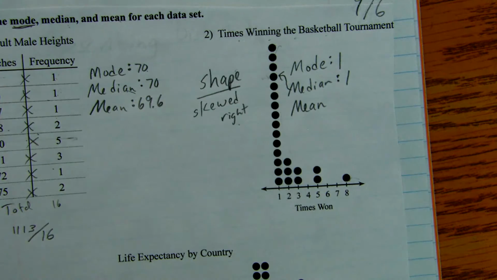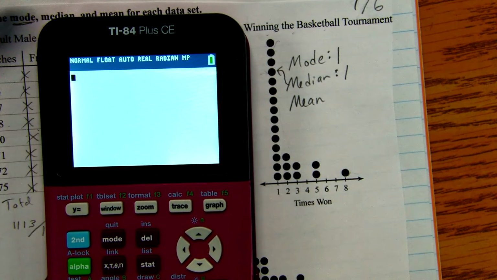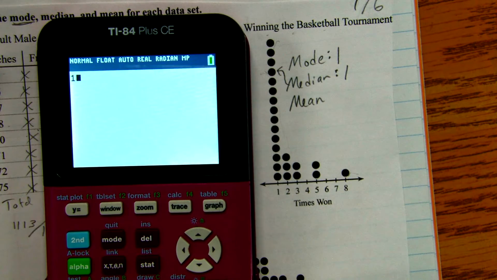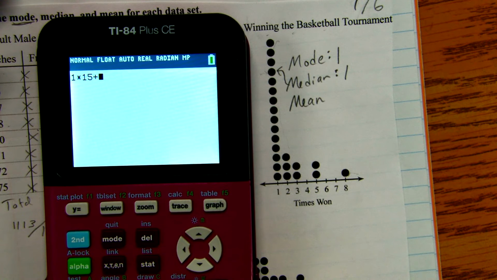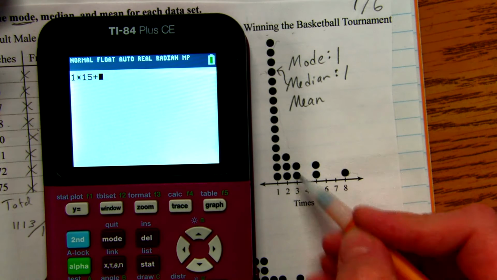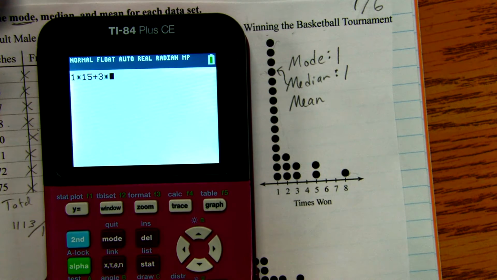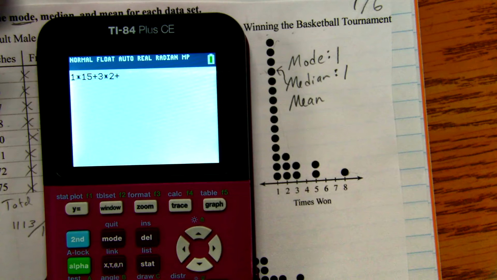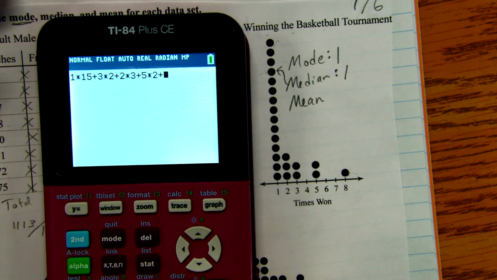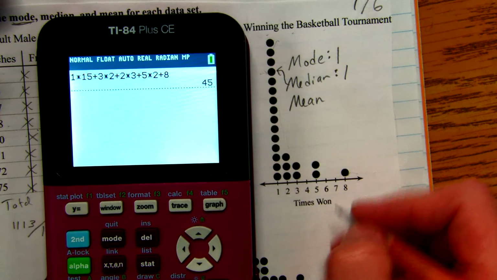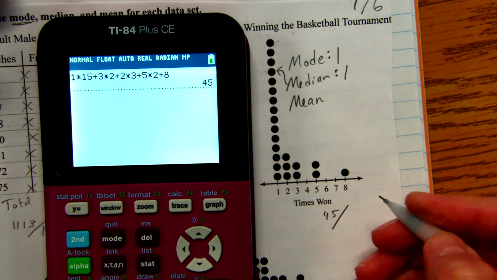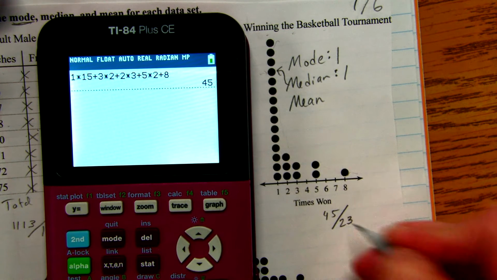For the mean, let's use our calculator to make this smart. So there were 15 ones, so I'm going to take 1 times 15, plus there are 3 2s, so 3 times 2, plus 2 3s, so 2 times 3, plus 2 5s, so 5 times 2, plus an 8. And that gives us our total of 45, which we're going to divide by, what did we say, 23 teams? Yes.